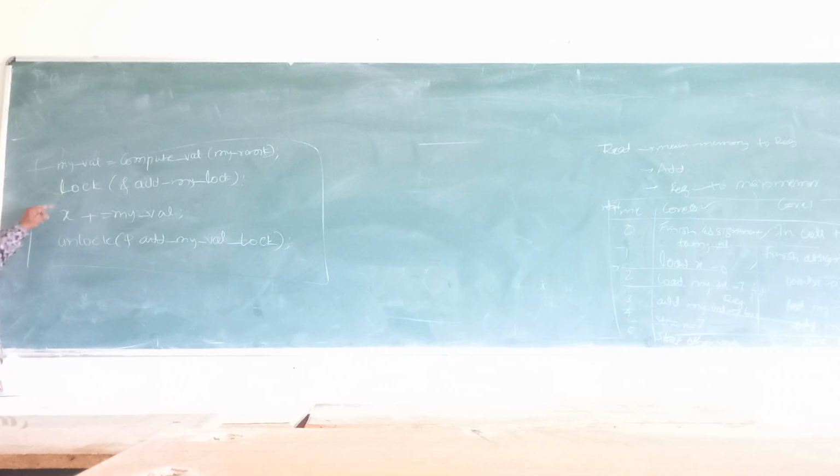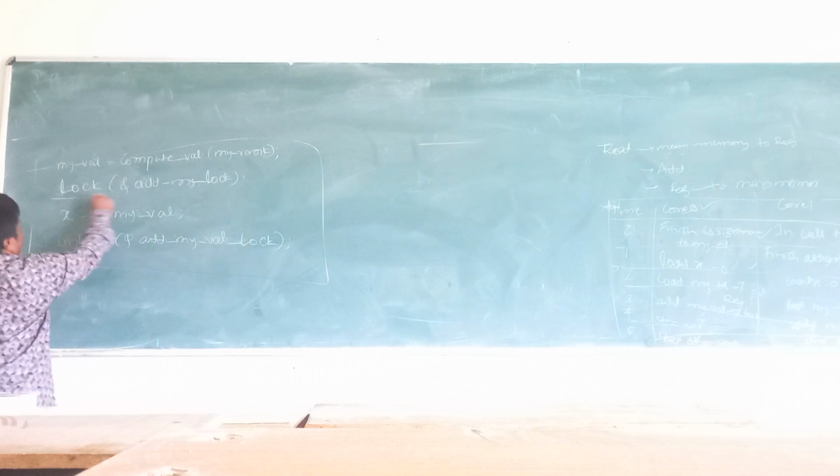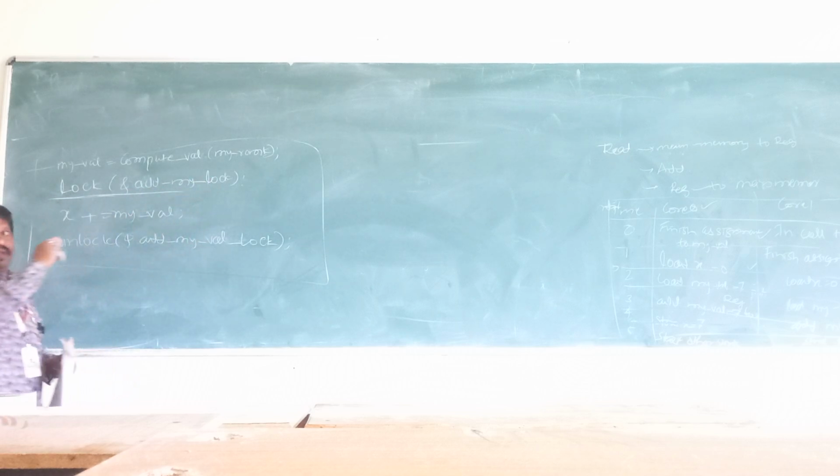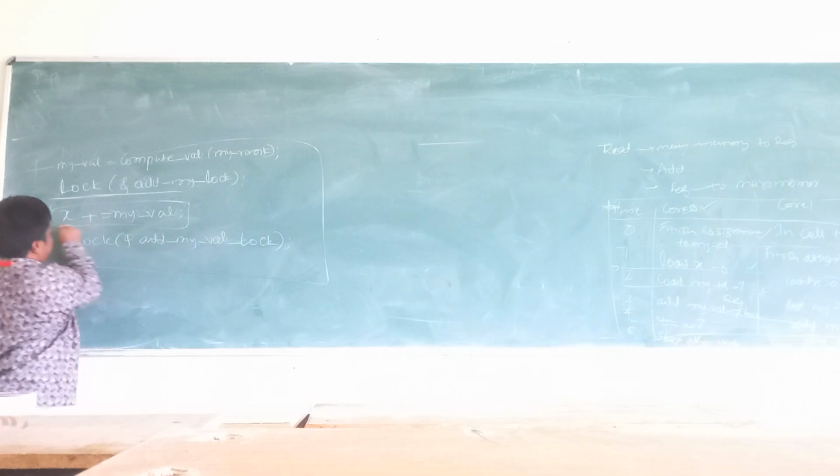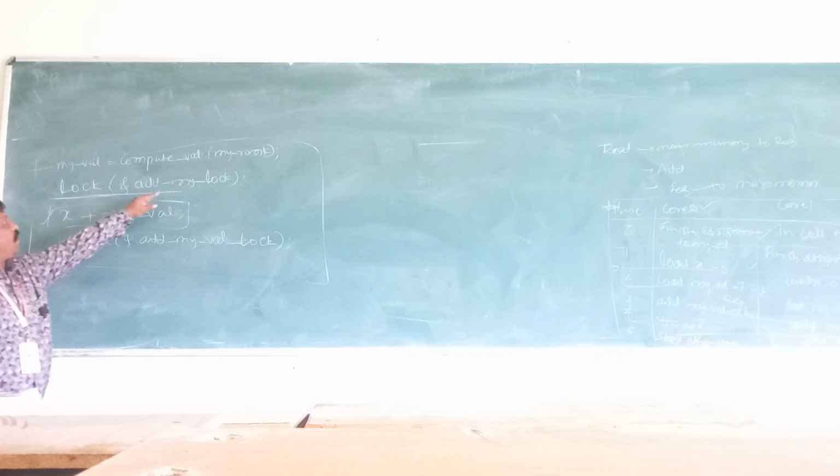Okay, the lock condition here. If I use the lock operation, it locks the particular thread value here. Then after the execution of the statement x equals my value, only then we unlock the my lock here.